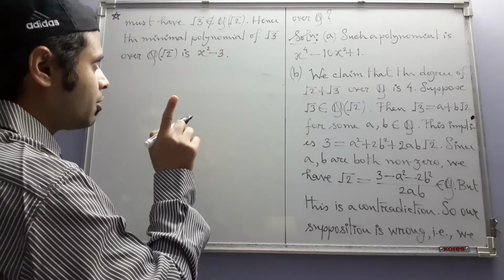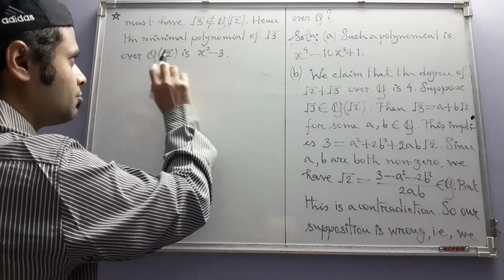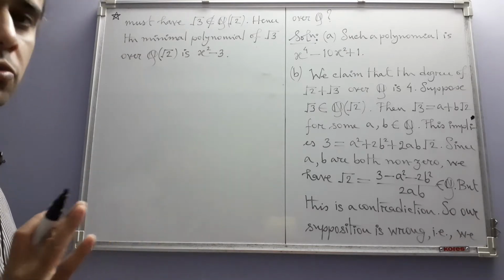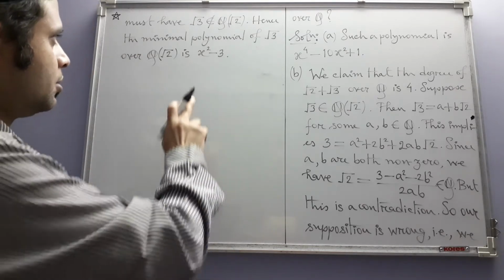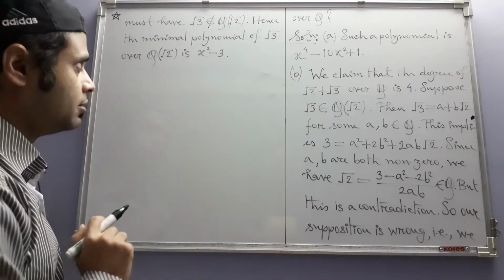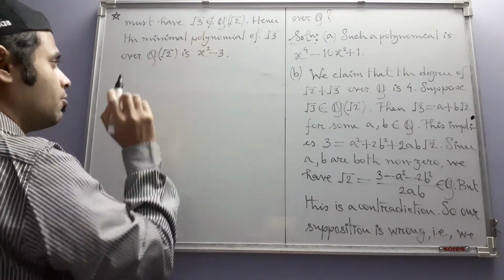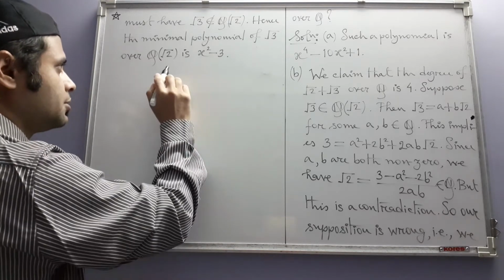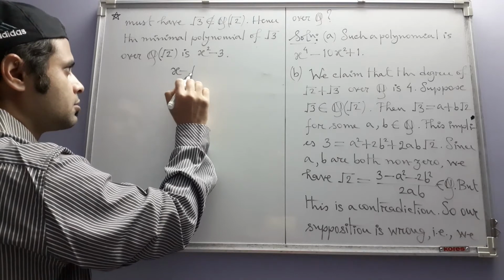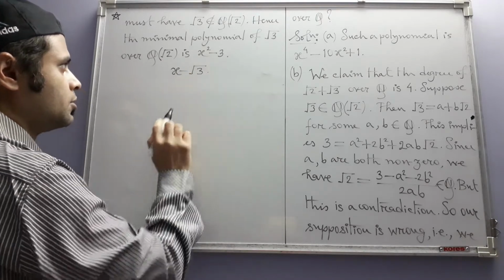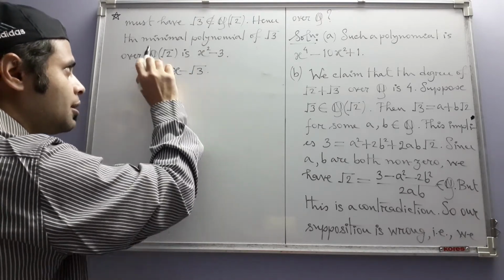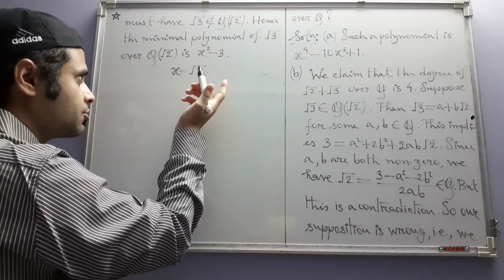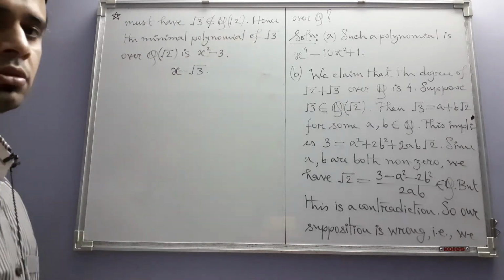So the minimal polynomial of square root of 3 over Q(root 2) will have degree less than or equal to 2, but the degree cannot be 1, because the only linear polynomial that is satisfied by square root of 3 is this, which is not a polynomial over this, because this coefficient root 3 or minus root 3 does not belong to Q(root 2).